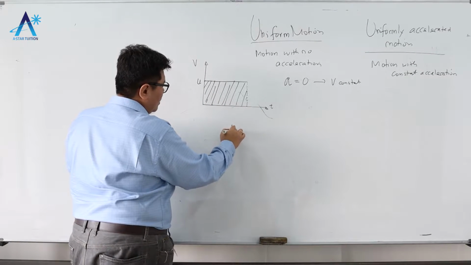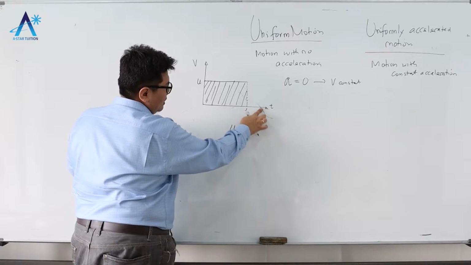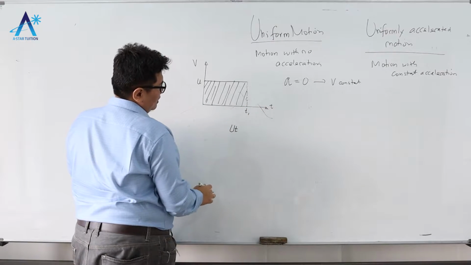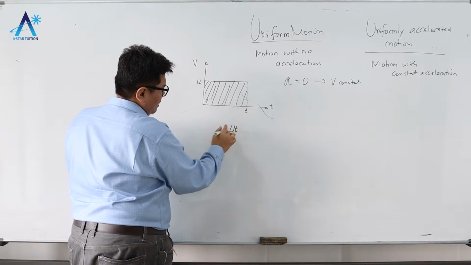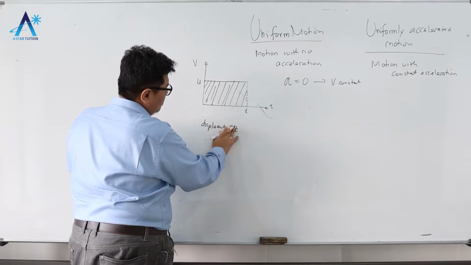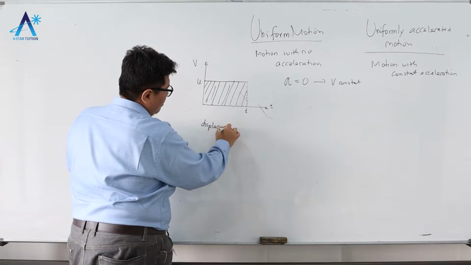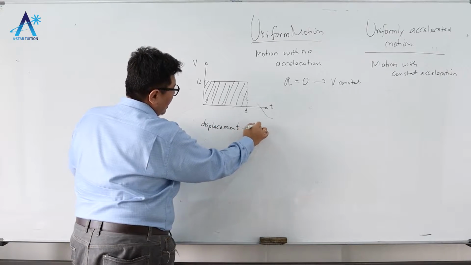So u times whatever t, let's say one particular value of t. So this will give you the displacement. Displacement is equal to u times t.